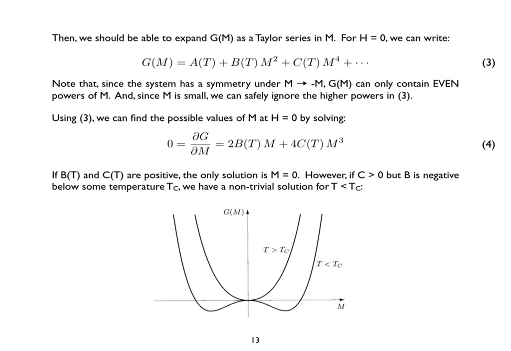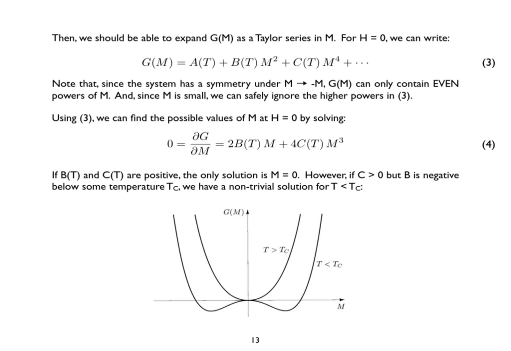But below that temperature, you actually get a behavior where the local minima are now non-trivial. They're out at some finite value that's non-zero. Okay, and so the transition from this to this is a second order phase transition.